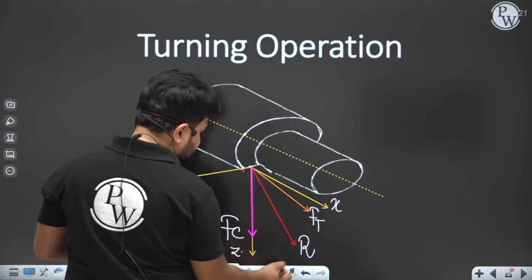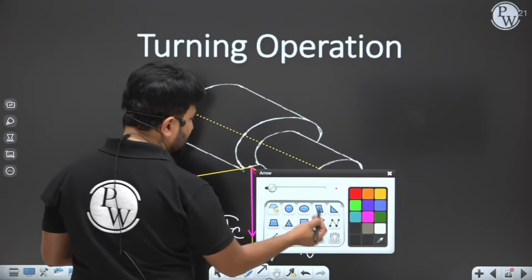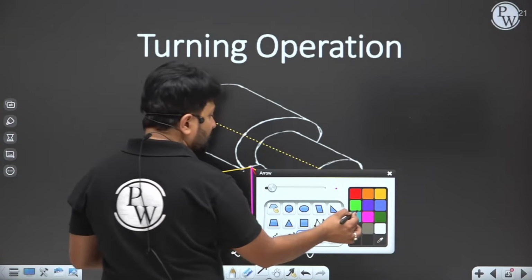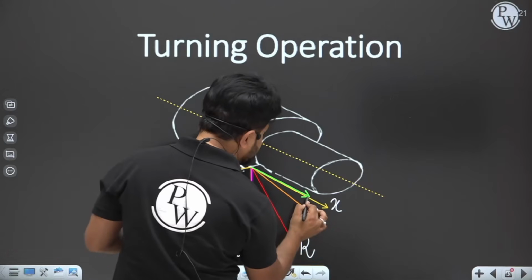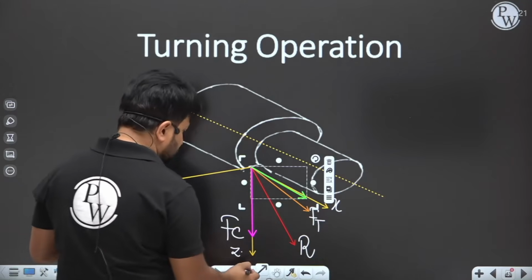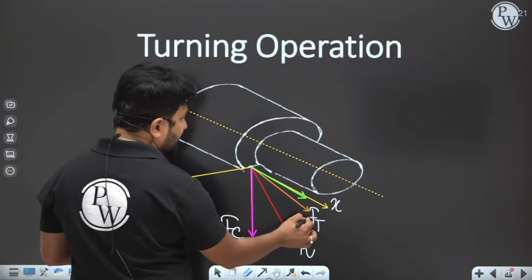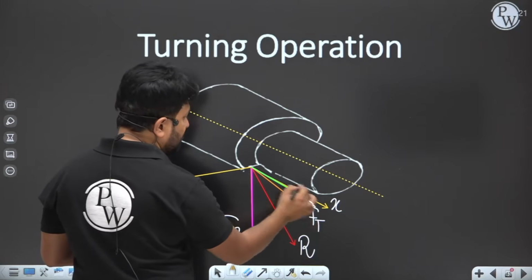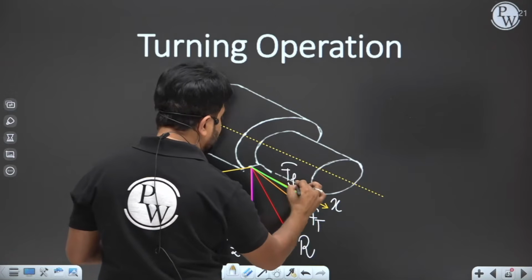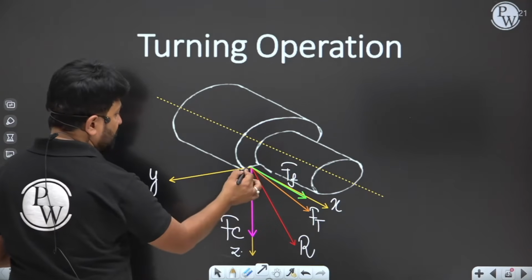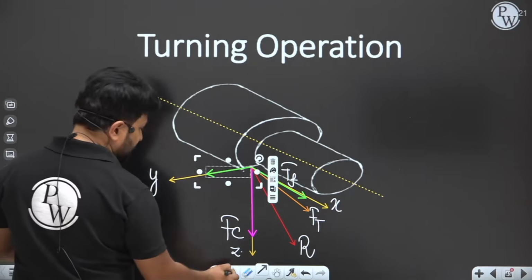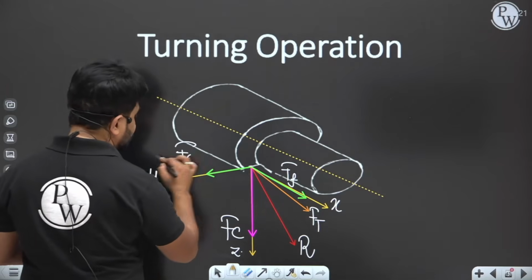Now if you again take a component of Ft along the x-axis, this is the feed force or axial force. If you take the component of Ft along the y direction, this force is your radial force.